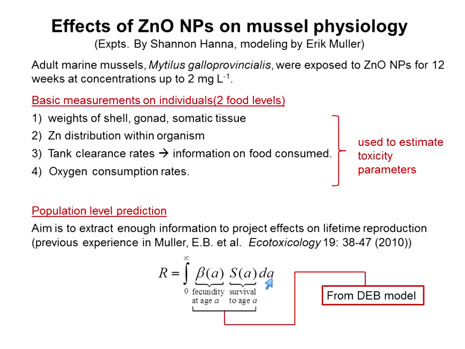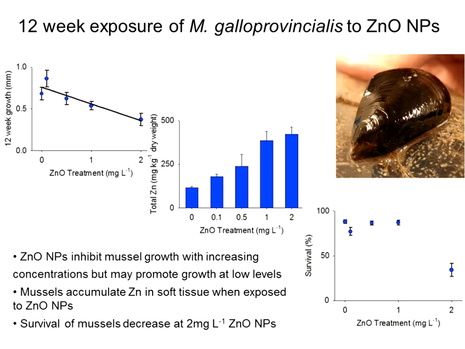And that is a formula that I wrote down at the start of the lecture. And if you prefer, you can go with little r, which is just a different metric with the same ecological relevance. We get the reproductive output part from the DEB model. We get the survival from assumptions relating to the known life cycle of mussels.